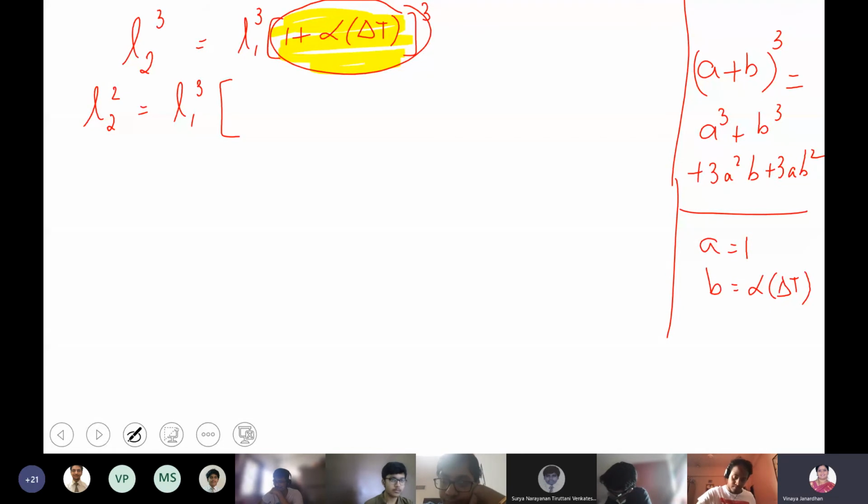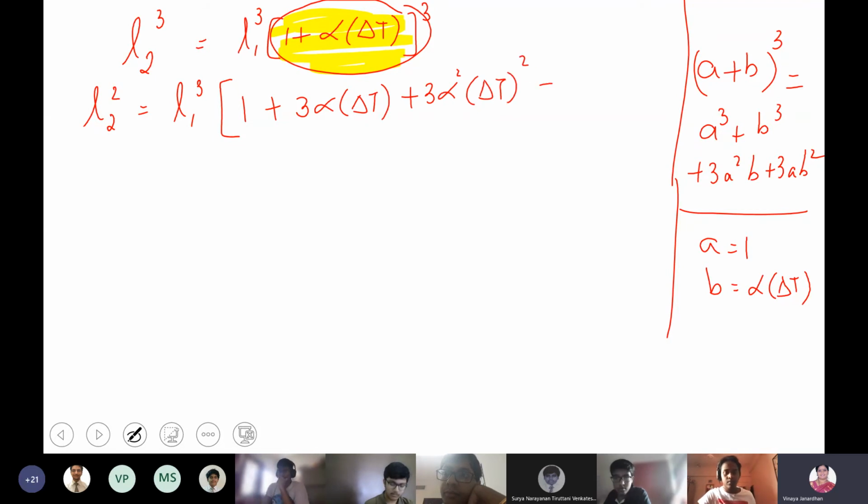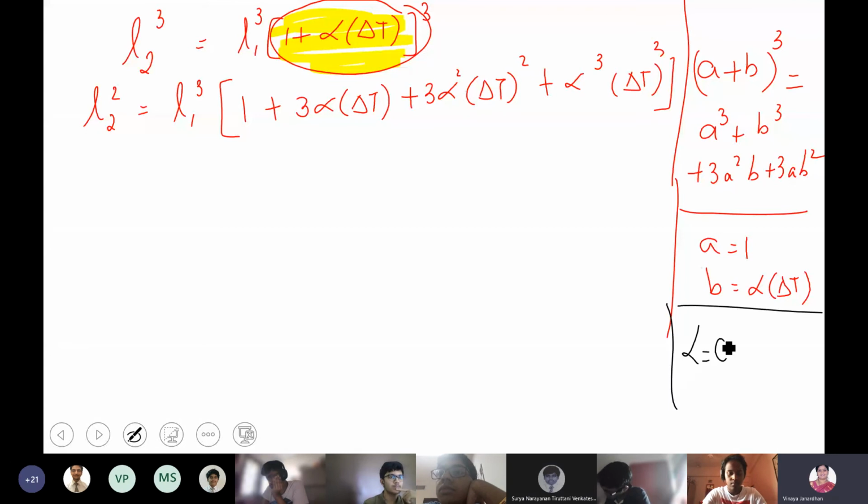I'll do it. 1 plus 3 alpha into delta T plus 3 alpha squared delta T the whole square plus alpha cube delta T whole cube for this. Yes, boys, did you get this?